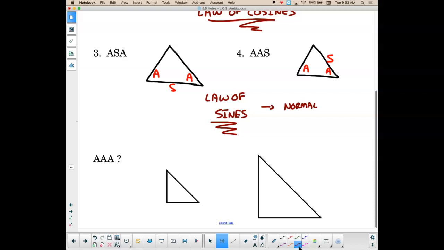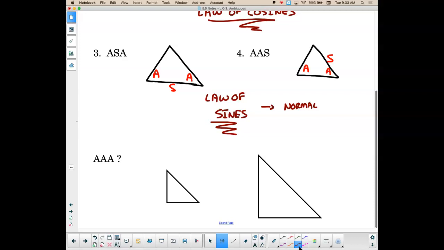You'll get to why I say normal in a minute. So the order of the angles and the sides doesn't really matter in those two? No. Because we got the two angles, so we can find that third angle, which then gets us the one complete fraction for law of sines.